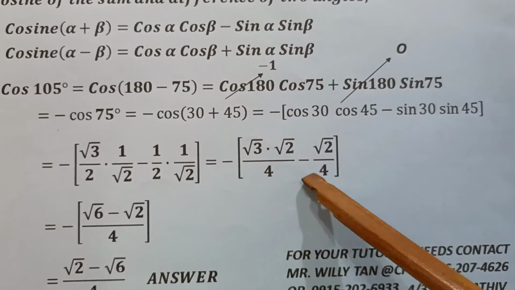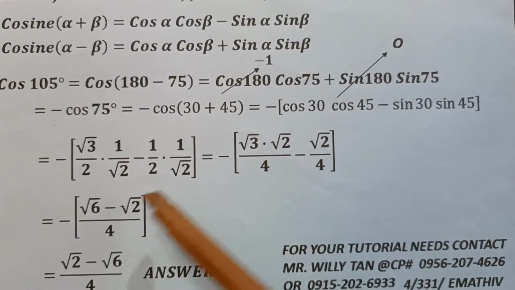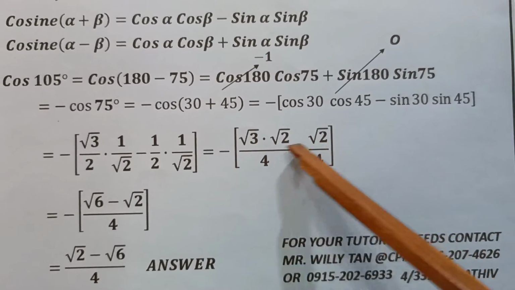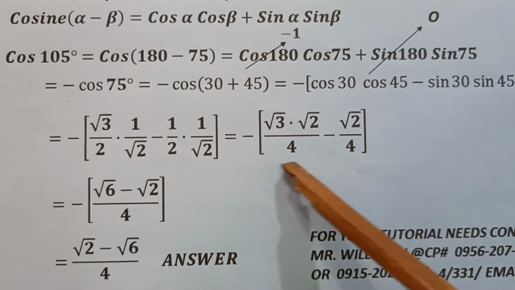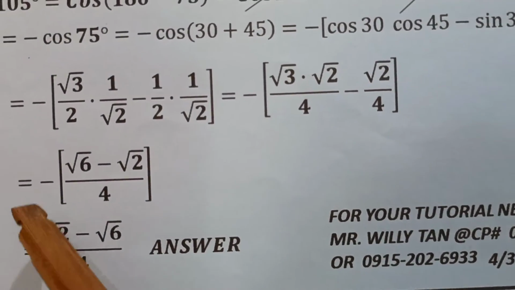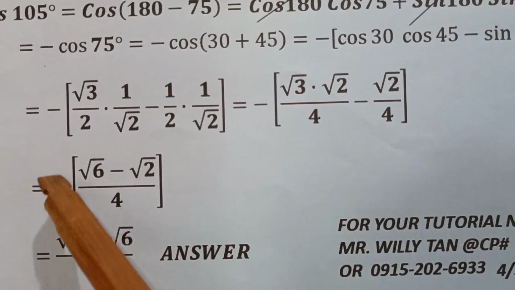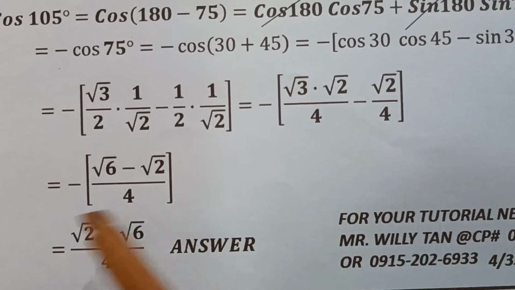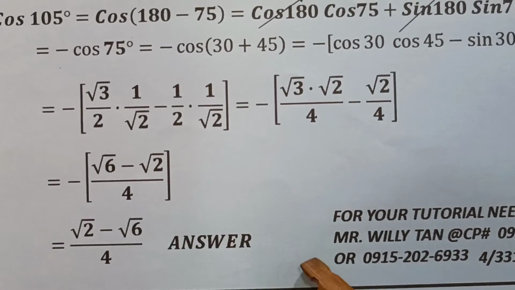To get the difference, square root of 3 times square root of 2 is square root of 6, minus square root of 2, all over 4, the common denominator. Since there is a negative outside, we distribute it to all the numbers, so this becomes square root of 2 minus square root of 6 over 4. So this is our answer.